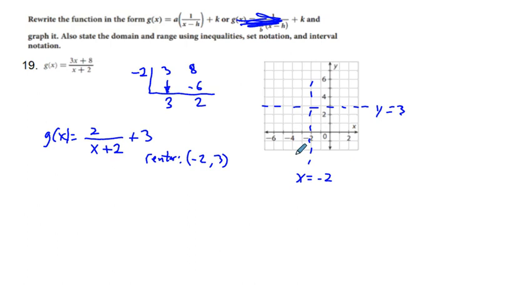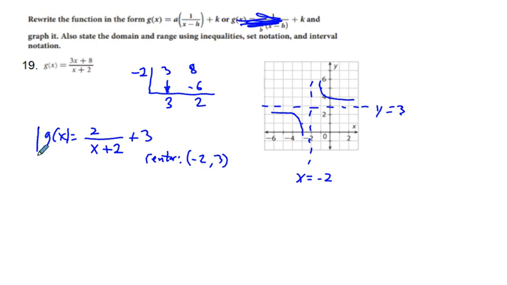Okay, our vertical and horizontal asymptotes. And then we have a vertical stretch factor of 2. So we're going to go up 2 here. And then we have down 2 here, down 2 here. It's very easy to graph to see if this looks correct, and it is.